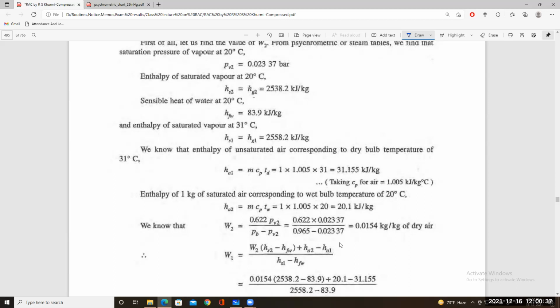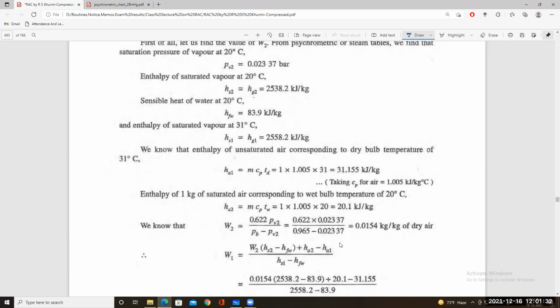The barometric pressure is 961 and the partial pressure is already calculated as 0.02333, so we get W2 as 0.0154. For W1, in a similar equation given above, W1 equals HS2, HFW, and HS2 at point 2 from the steam table gives you 2538. HFW, the enthalpy of the fluid water, is 83.9, H2 is 20.1, and HA1 is 31.155.